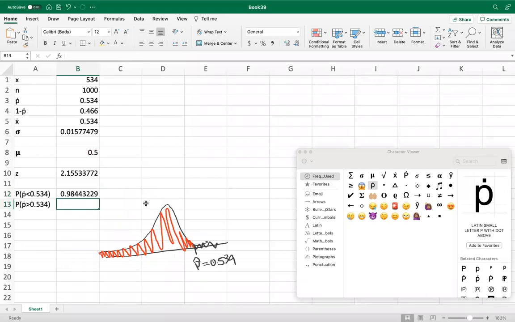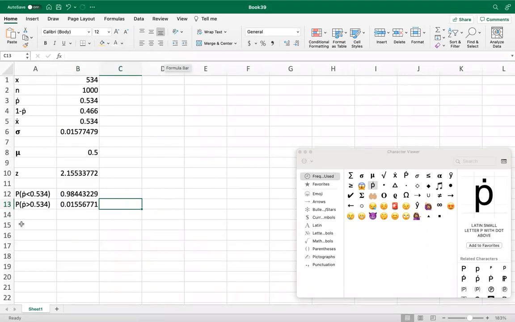Now for p hat, this is for this red area, for this black area that we shaded here. It's going to be the complement, because the complement of the red is going to be the black. So the complement is going to be 1 minus this here.